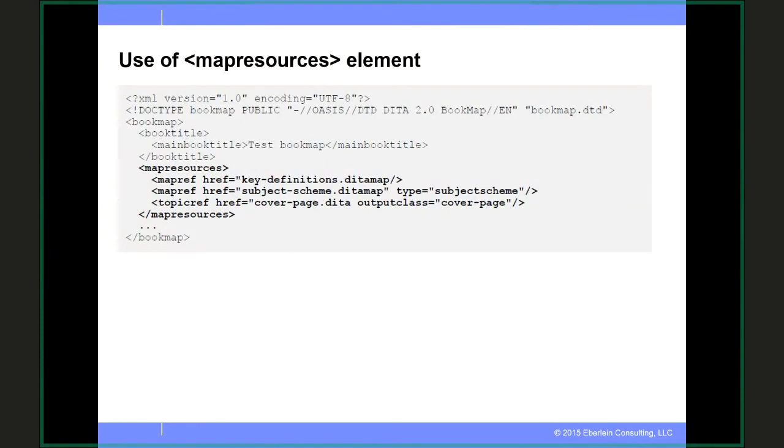By default, the map resources element has the processing role attribute set to resource only, and that cascades to the child elements. So you no longer have to specify processing role equals resource only on each of your map references for subject schemes or for key definition maps.